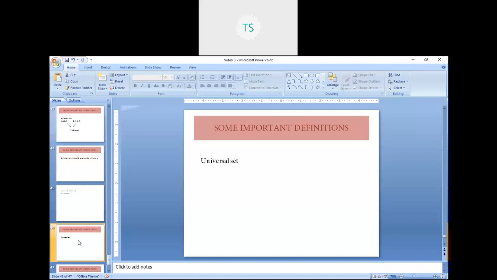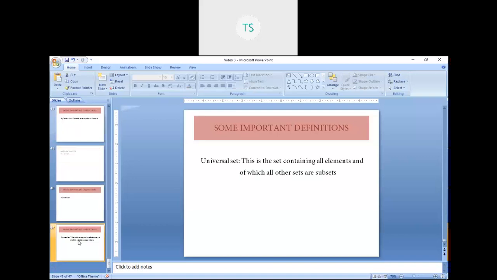Simply in set theory also, the universal set has the same meaning. That means all the sets are there in that particular set, which is a bigger set. So the definition is: the universal set is the set containing all the elements and of which all the other sets are subsets. That means the universal set is the biggest set and all the sets are subsets of the universal set.